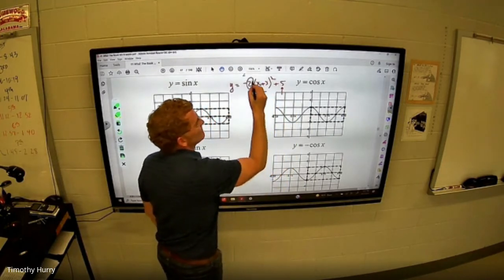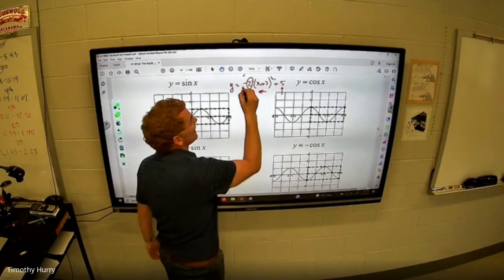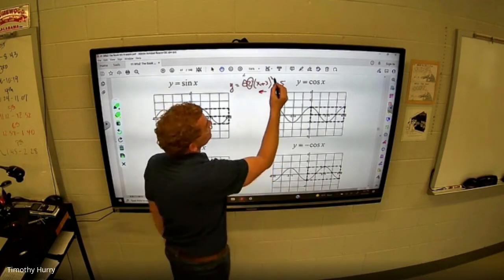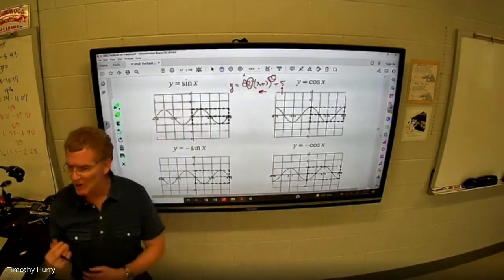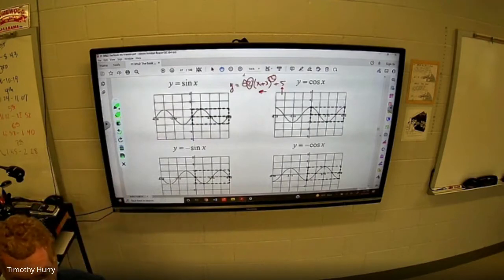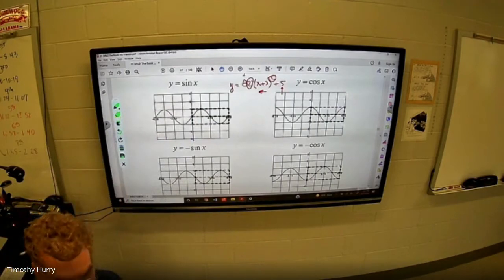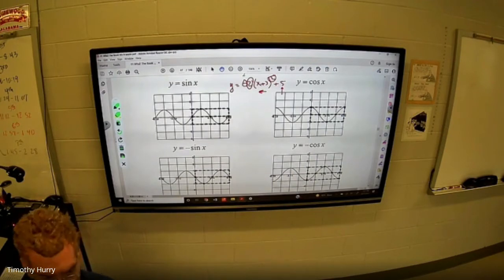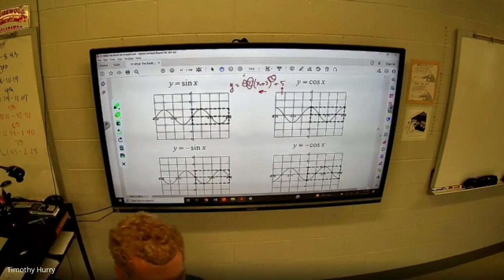Oh, this means I'm stretching it. It's getting skinnier. Ooh, that means I'm going down. Oh, this part means it's a parabola. You've already learned about that stuff. It's very similar to what we're doing here, but here we're trying to find out what a period of the graph looks like. And if I can find out what that looks like, I can just keep doing it again and again to graph this thing.